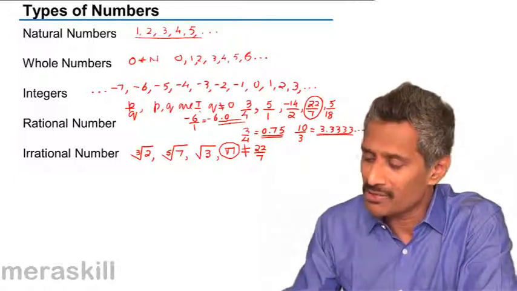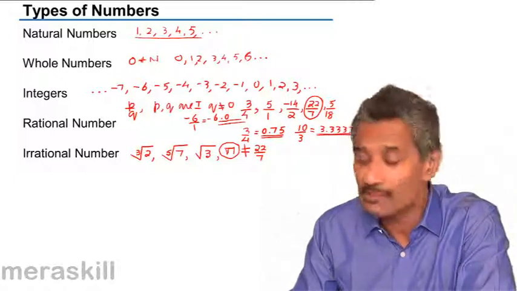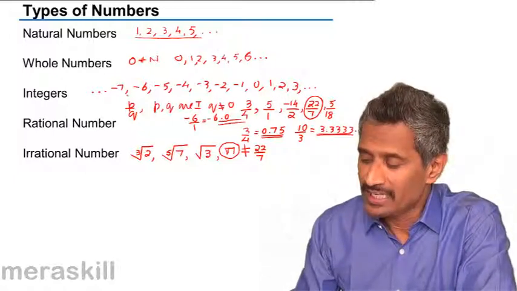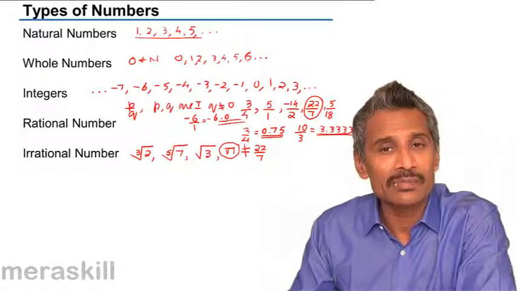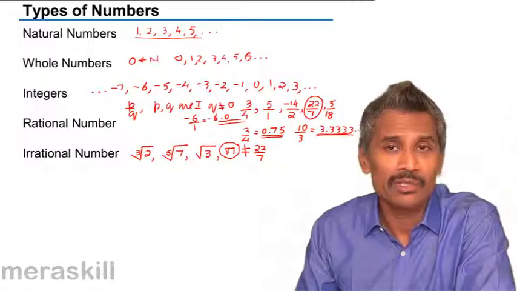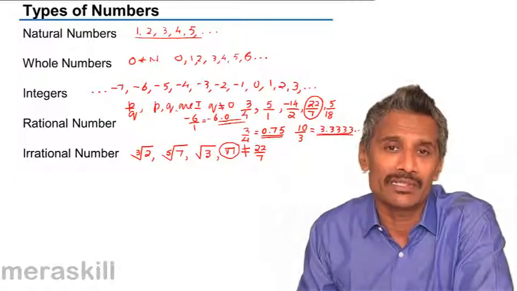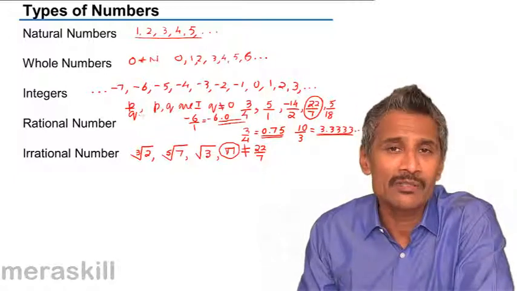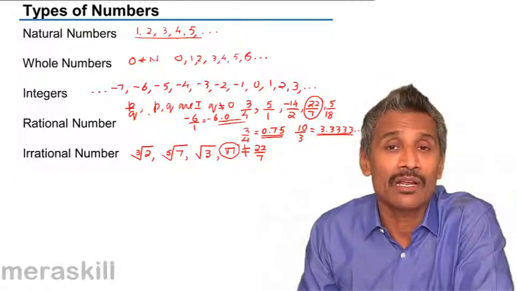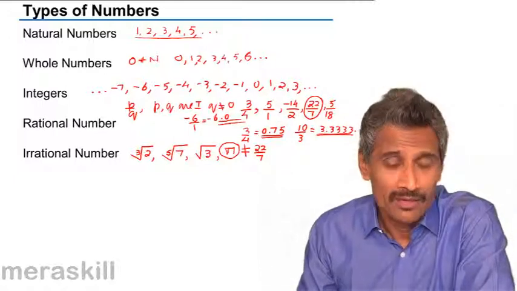So quickly, natural numbers are simple counting numbers, whole numbers are simple counting numbers along with 0. Integers are counting numbers plus 0 plus the negative whole numbers. A rational number could be fractions, it could be whole numbers, it could be integers. So all fractions where the numerator and denominator are integers with the denominator not 0, right?